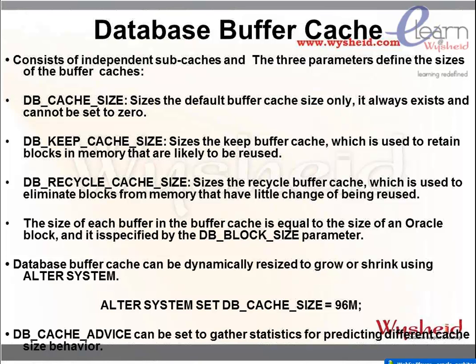You can have the 32K cache size. Like that, the non-standard cache size you can specify explicitly. Is that clear? So you mean to say that we can have two different buffer caches, one with 8K and one with 16K block size, if you have a 16K table space? Yes, it is a non-standard block size which you have to specify explicitly.